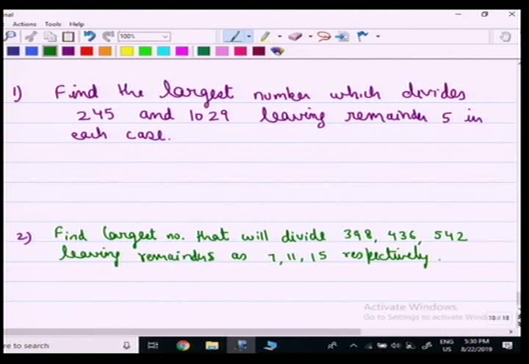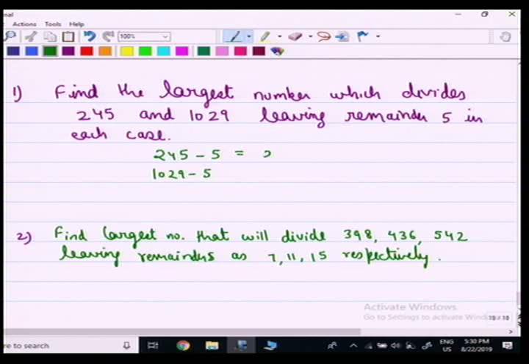See, the largest number which divides 245 and 1029, leaving remainder 5 in each case. When we divide these two numbers by that number, the remainder is 5 in both of them. If we subtract the remainder, the resultant number will be exactly divisible. So first of all, we have to subtract the remainder from these two numbers.